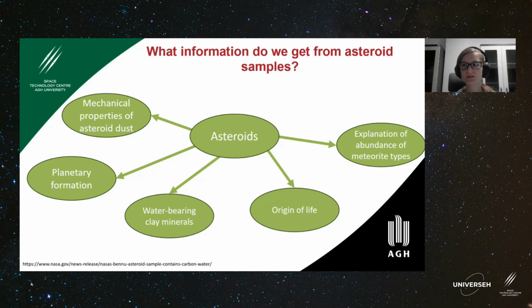but what I would like to say is that the number of each type of meteorite we find on Earth doesn't match the abundance of asteroids of that type. And why might that be?